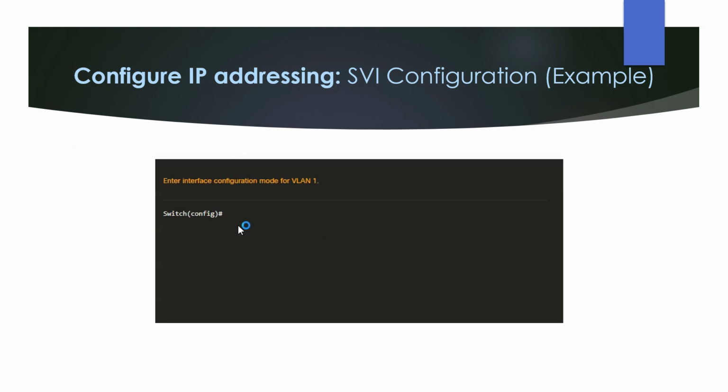And here in this slide, a syntax checker is shown, and how to configure a virtual interface of the switch, remembering that VLAN 1 is a virtual interface for the switch, and by assigning an IP address, you will be able to access the switch remotely when you need to configure or monitor the switch.